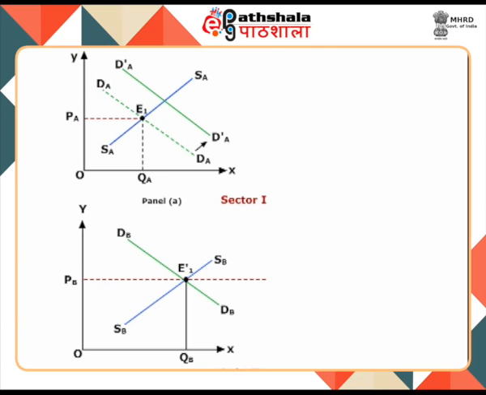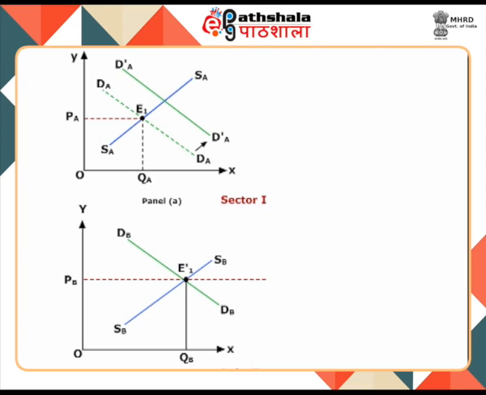In the diagram, the initial level of equilibrium in sector 1 is at point E1. The initial demand and supply curves of commodity A are represented by DA and SA respectively. Equilibrium point E1 gives us equilibrium price PA and equilibrium quantity QA.